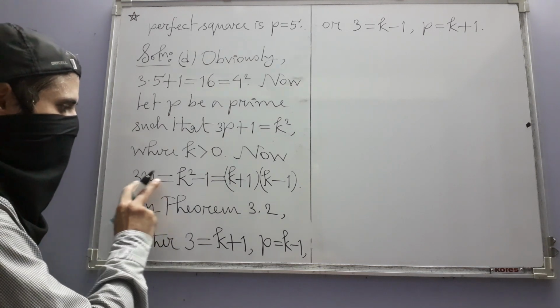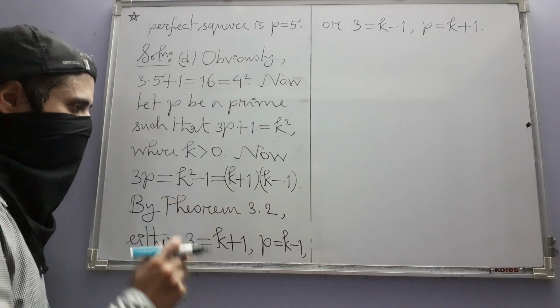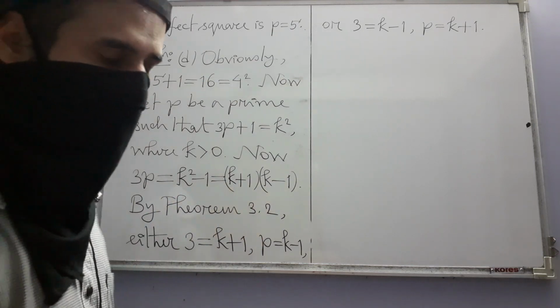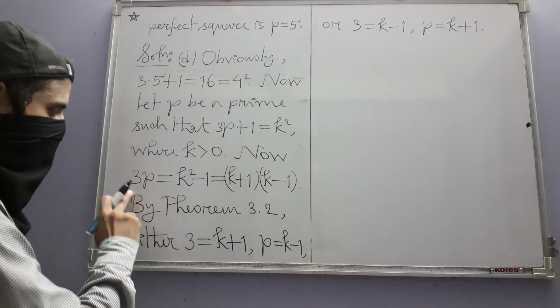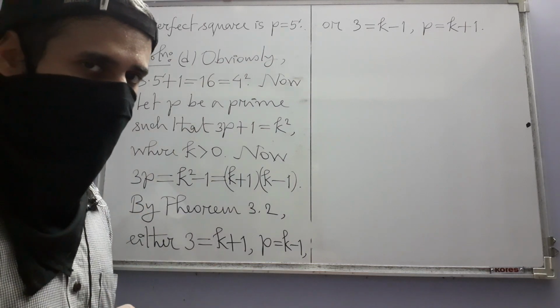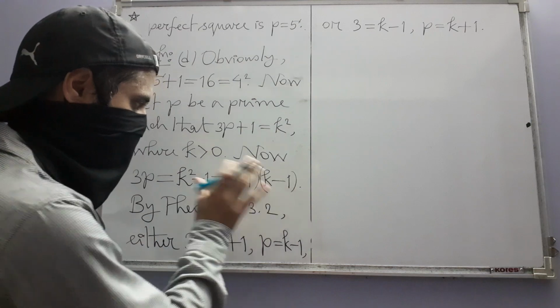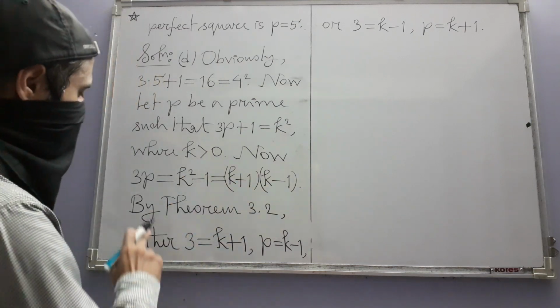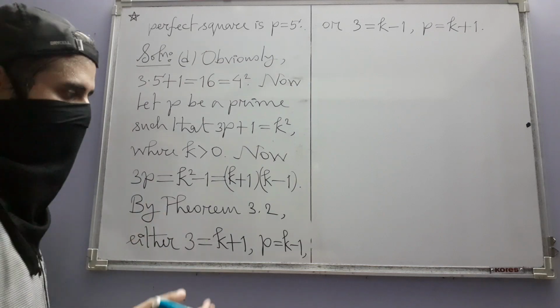One on the left side and one on the right side. Each one of them is a product of two integers. However, the product on the left side is actually a prime factorization of what? Of the number that we see on the right side. Why is that so? That's because 3 is a prime and p is also a prime.